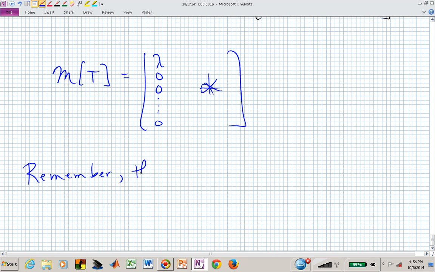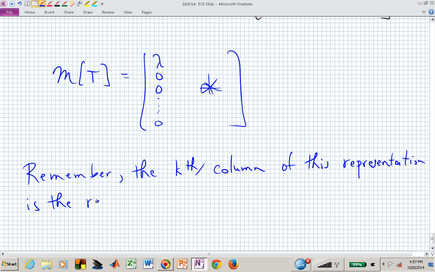Remember, the kth column of this matrix representation is the result of applying T to the kth basis vector.